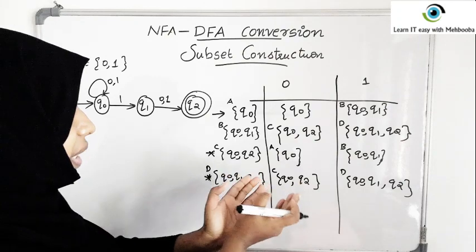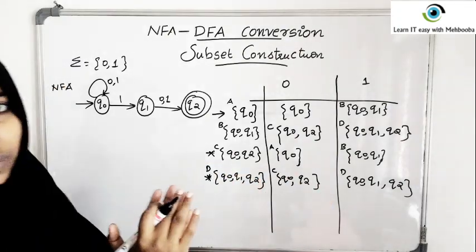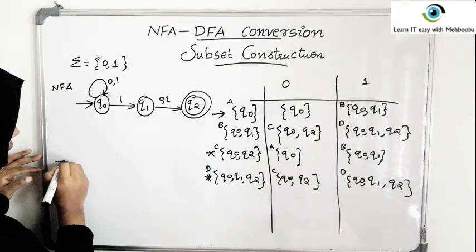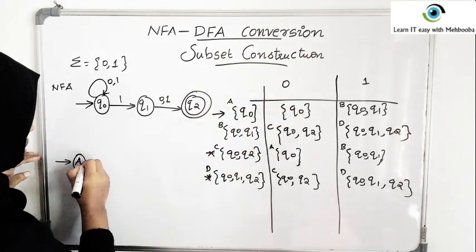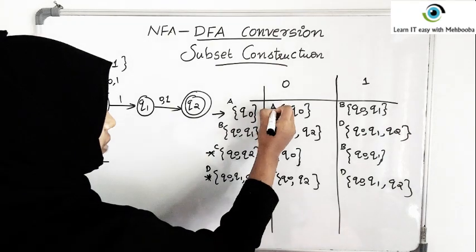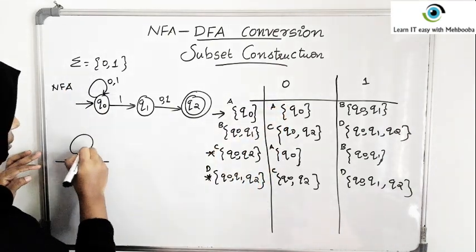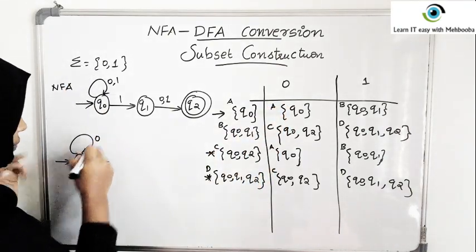Now, we will simply put back all these things into a diagram. Okay. So, the start state is A. Now, when you apply 0 to A, you will get A itself. Okay.